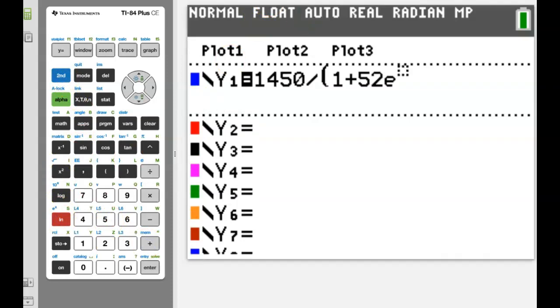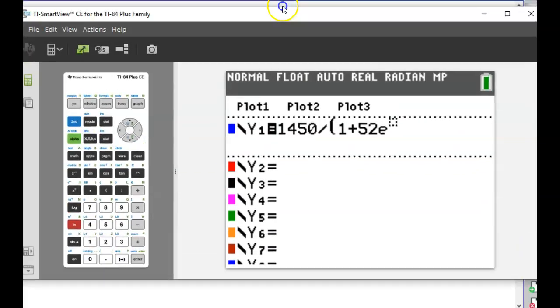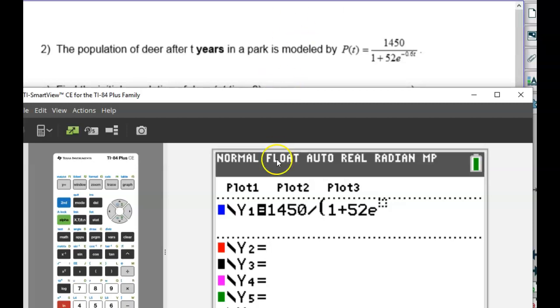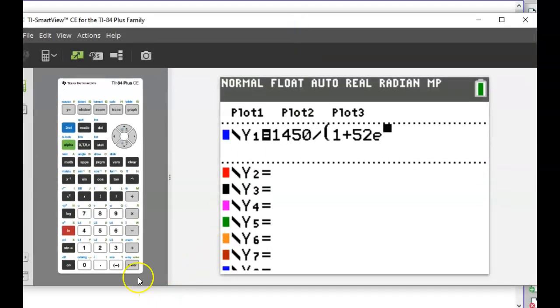And come on, calculator, where are you? It's negative 0.6, right? Okay, you gotta be super careful that you don't type that wrong because that will totally mess up your answers. 0.6 and x.